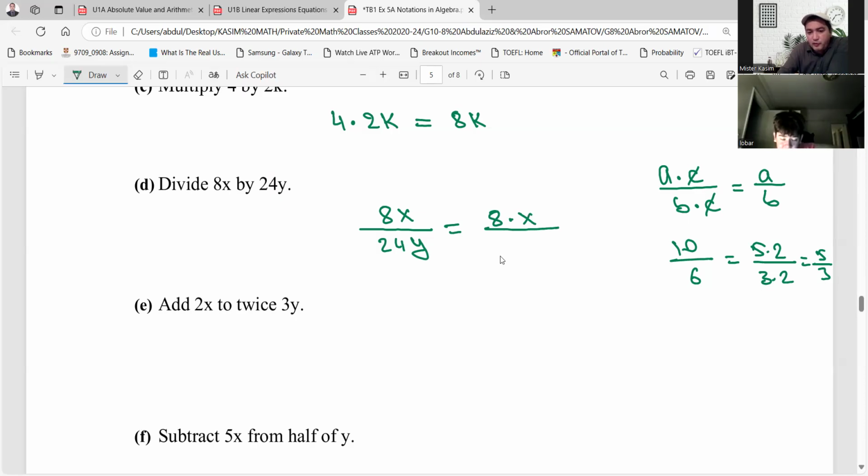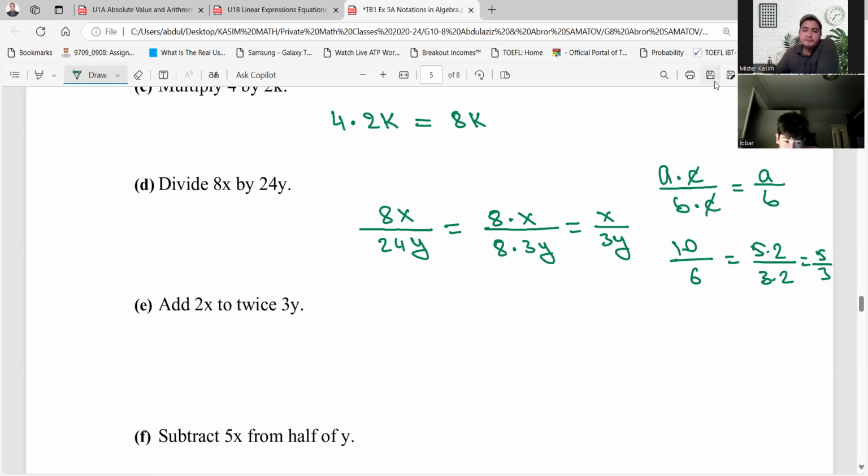And how about 24? 24 is 8 times 3y, right? Because 8 times 3 is 24. So this 8, they cancel each other because they are common factors and multiplied. So that will be equal to x over 3y. Got it? Yes. All right.